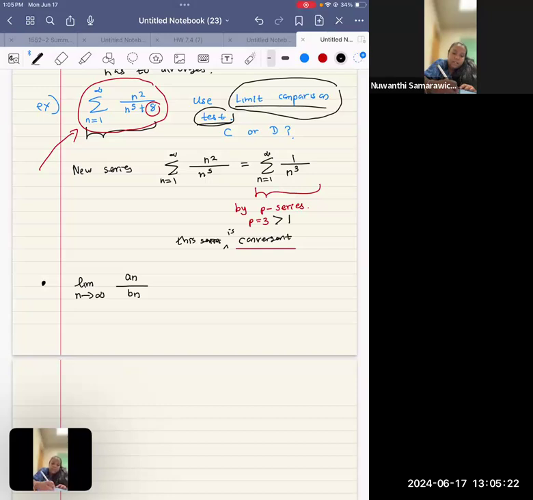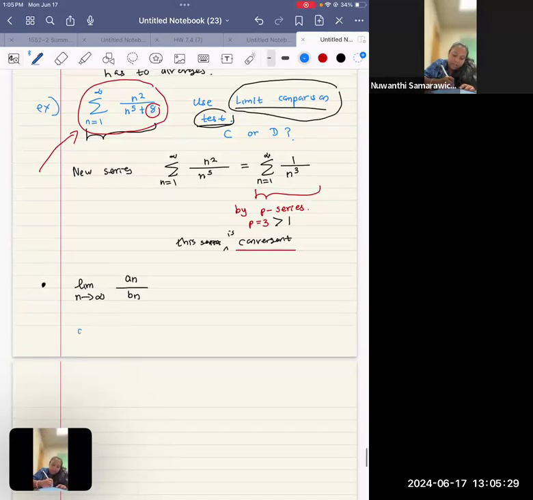Let's say a sub n is n squared over n to the power 5 plus 8, and b sub n is 1 over n cubed. Can you all take the limit of this one?